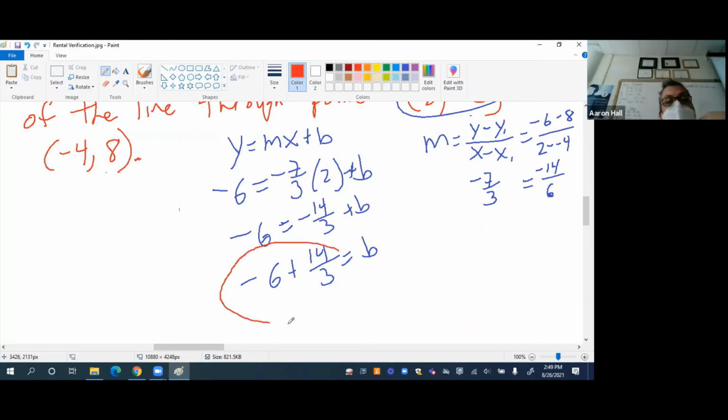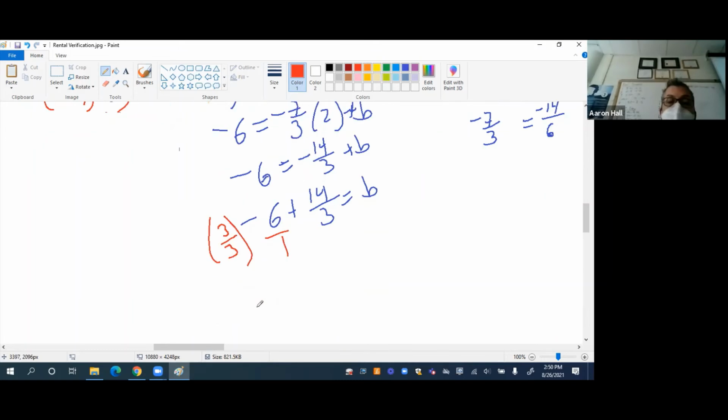How do we put this together? Okay, so this is -6 over 1. What are we multiplying by to get a common denominator? We're multiplying by 1, in the form of 3 over 3.